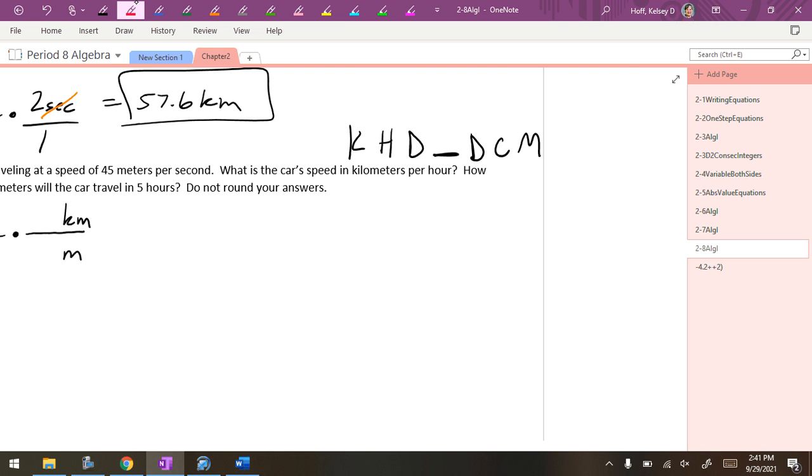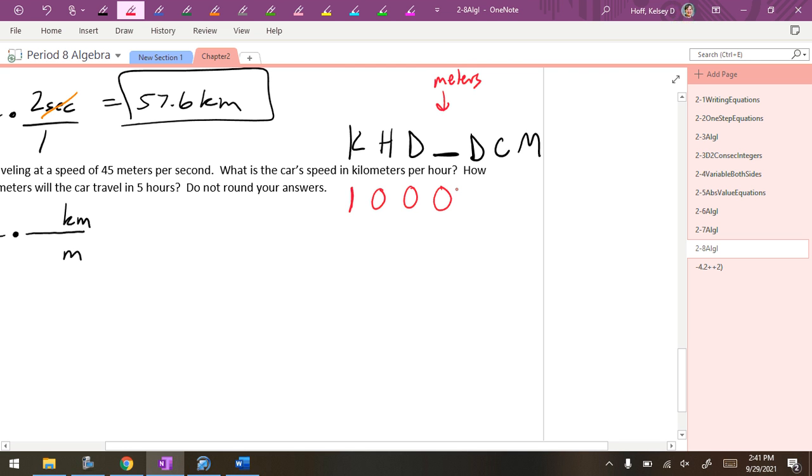I always start the one furthest to the left, which would be kilometers, right? If I put a 1 under kilometer, then I have to put a 0 under every other letter until I get to meters, which is my unit. So 1 kilometer is 1,000 meters.